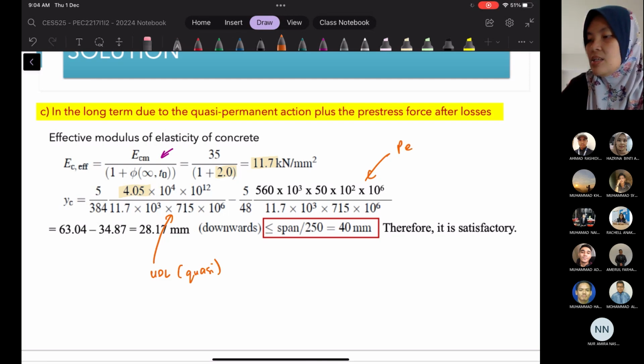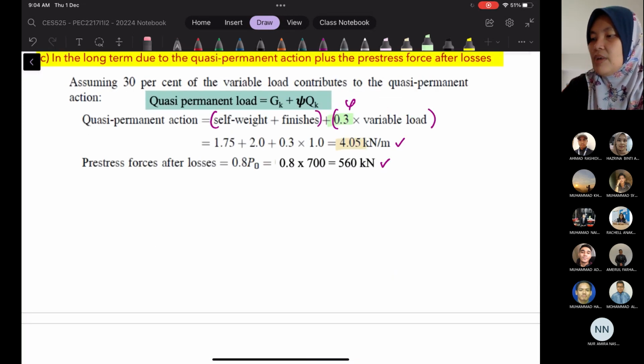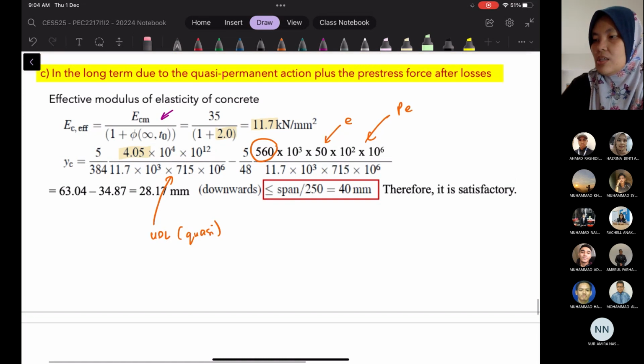As for the PE value, for the P value we are going to consider the value of the pre-stress force after losses. So we take 560 kilonewton, because we have deducted that 20%. Substitute that into the equation.